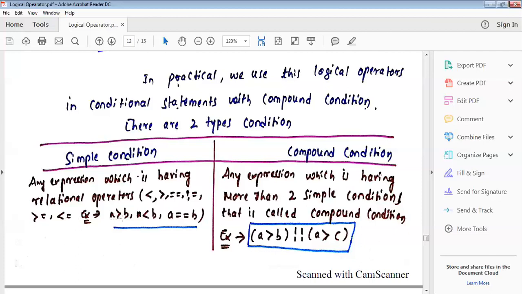So a greater than b or a less than b or a is equal to b, only one condition, is a simple condition. But for a compound condition, with more than two simple conditions, you use the logical operator.